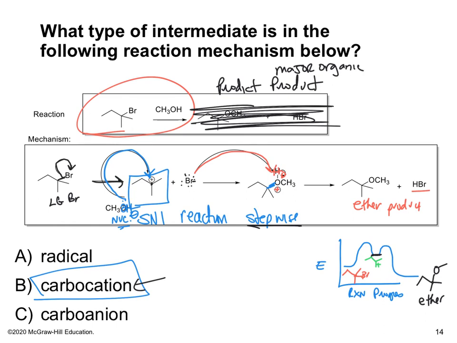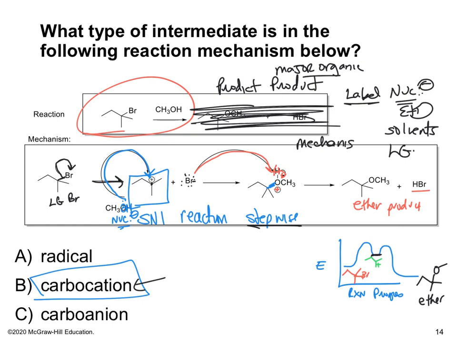You need to be able to label nucleophiles, electrophiles, solvents, leaving groups. You need to be able to show the reaction mechanism, so we're talking about the curved arrows here. Okay, you need to be able to do that.